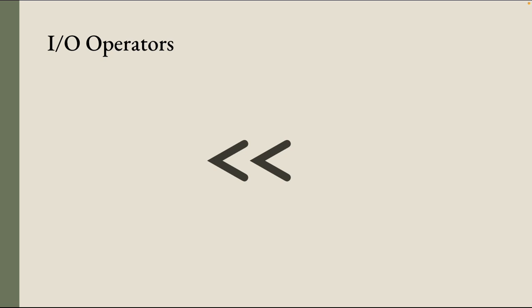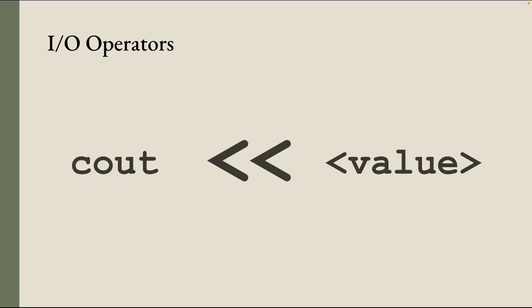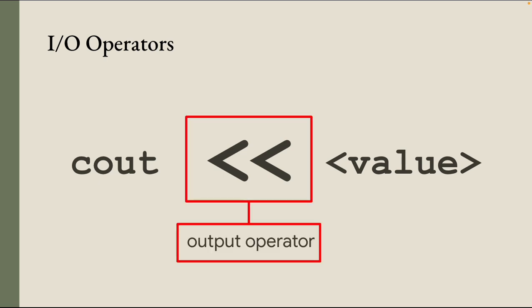So when we see this operator, what does this normally mean? Output. What goes on the left? Normally we have cout, our output operator, and then the value.